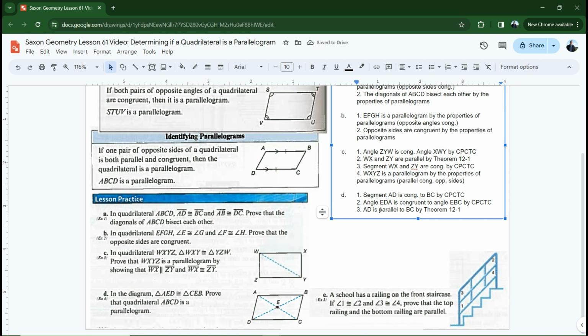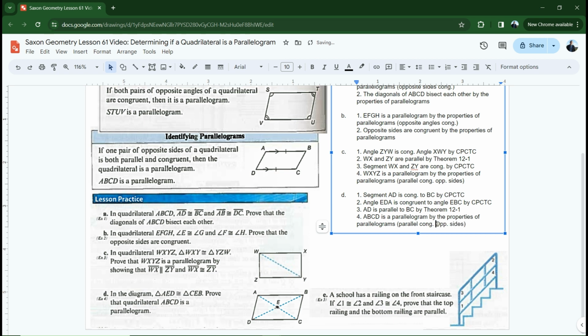Okay, that's the converse of the alternate interior angles theorem. And now I know that we have congruent opposite sides, and those congruent opposite sides are parallel, so I could state ABCD is a parallelogram by the properties of parallelograms. And that's going to be parallel, congruent, opposite sides.